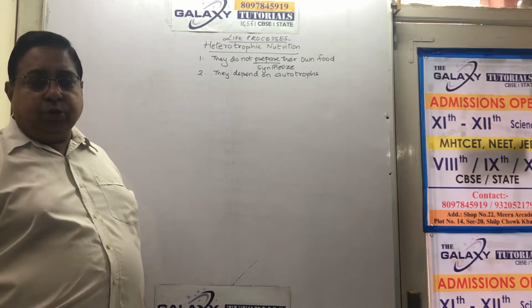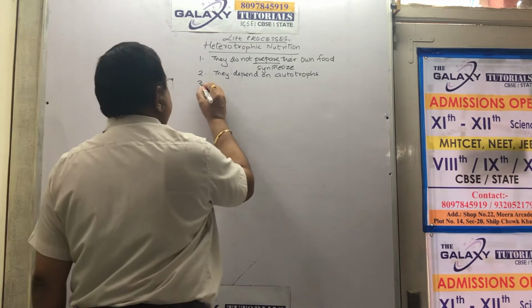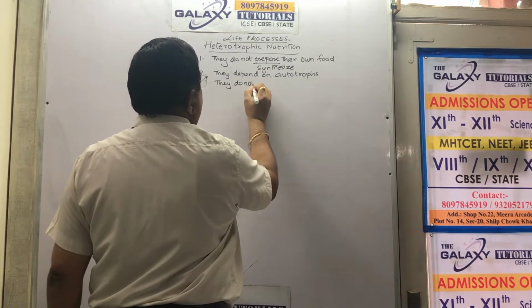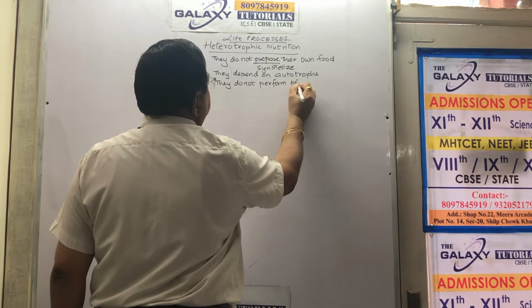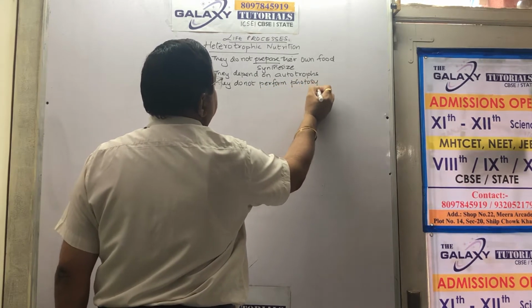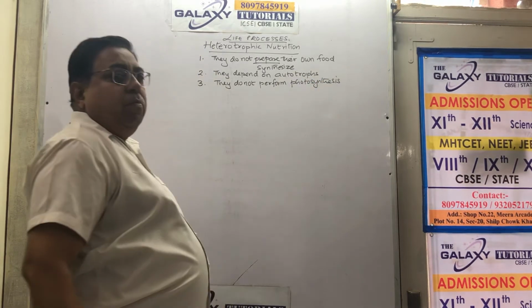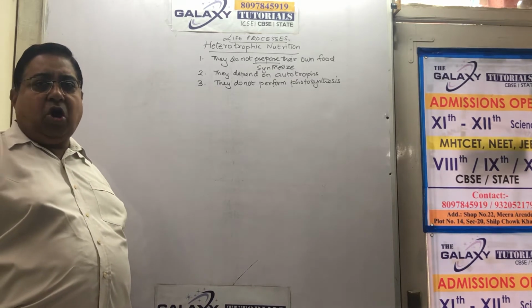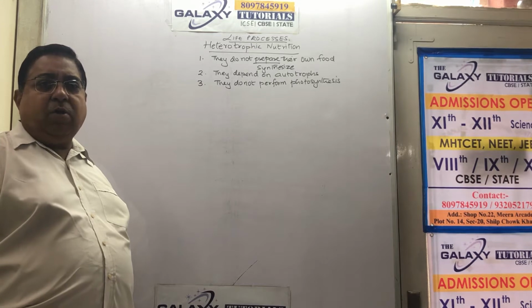There may be decomposers which live on dead decaying matter, but they do not perform photosynthesis. Their bodies are modified. You have seen the fangs of a lion, tiger, claws, the muscle power, how they tear the body of an animal.